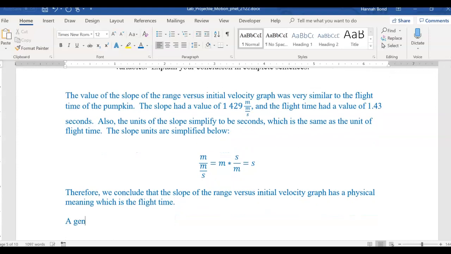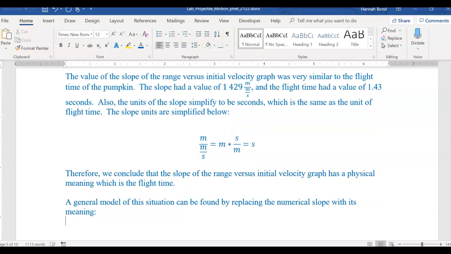A general model of this situation can be found by replacing the numerical slope, the 1.429, with its meaning.